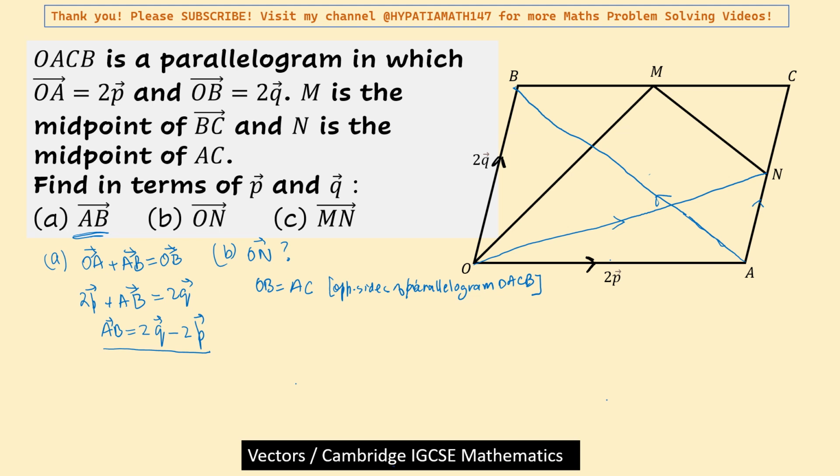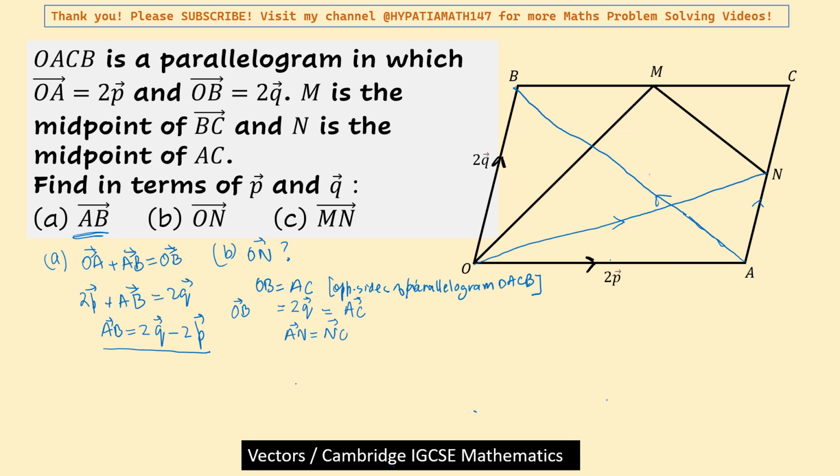So you have OB is AC, so therefore that would be equal to twice of Q. So we can say vector OB equals vector AC, and you have AN equals NC.